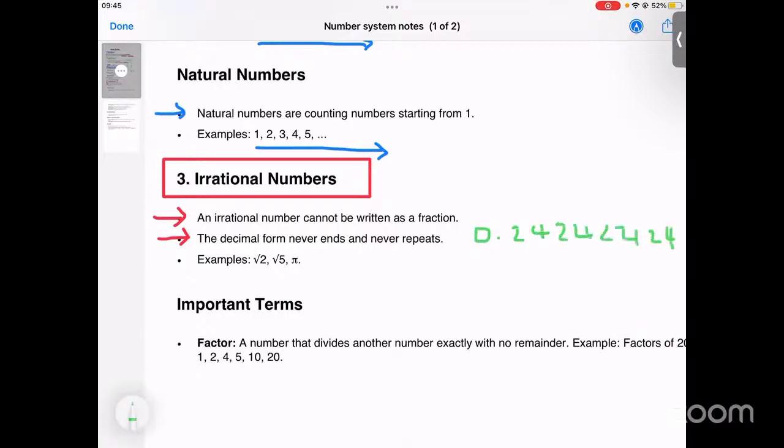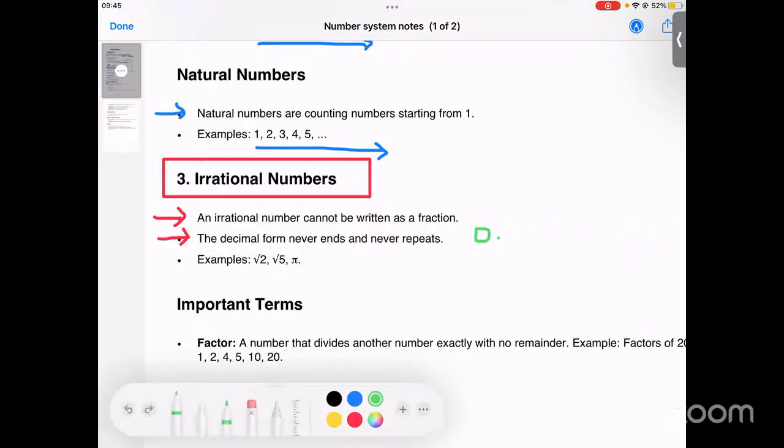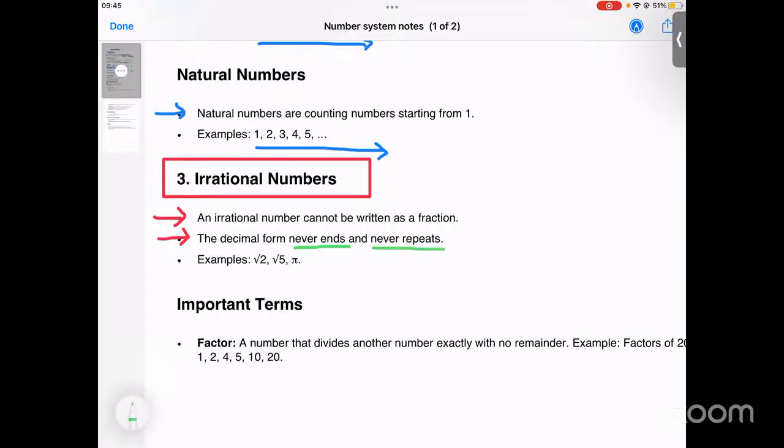Nope, you'll find something like 0.17393 maybe 98, and so on. That's what they mean when they say it never ends, and it never repeats.